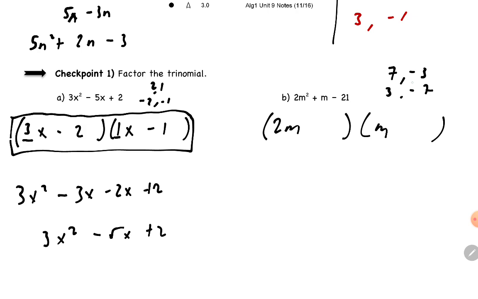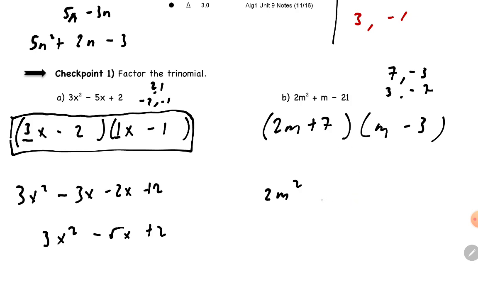Well, we know our b value is positive, so it's most likely the one being multiplied by 2 is negative. But that's actually not the case. The one that's actually being multiplied by 2 is negative 3, because if we look at first, that's 2m squared.